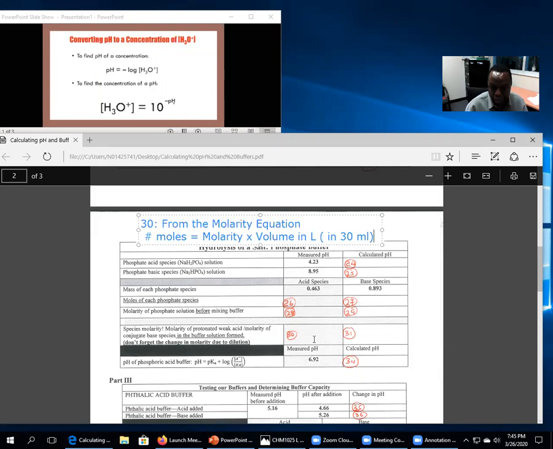So if I want to find the molarity of the acid, it will be molarity equals number of moles divided by the total volume.